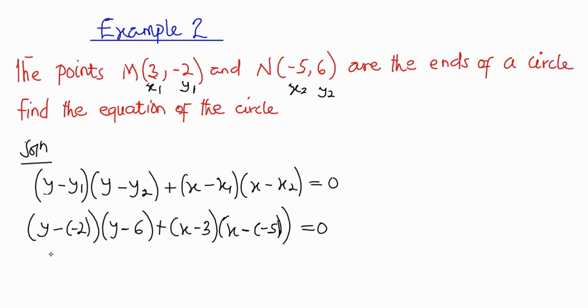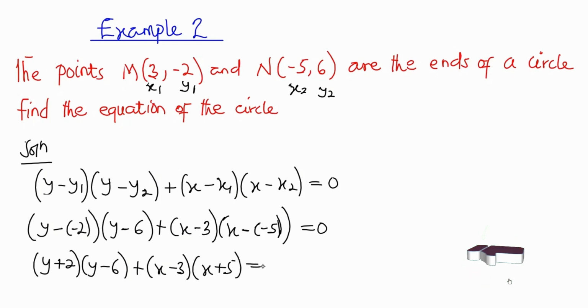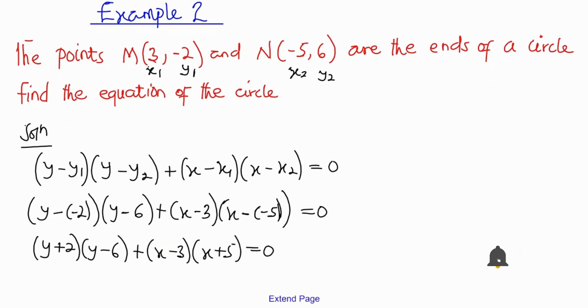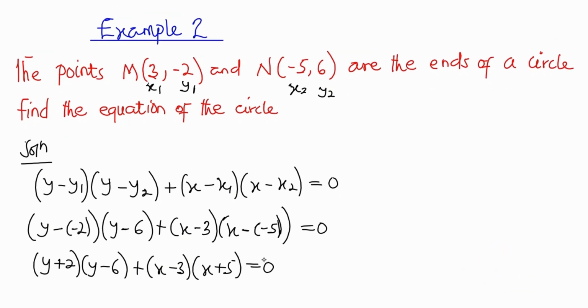Now we can simplify the brackets before we expand. So you have y plus 2 here, and you have y minus 6, plus x minus 3, and then you have x plus 5, which is equal to 0. So what we are going to do next is to expand, and basically we are just going to multiply the brackets.